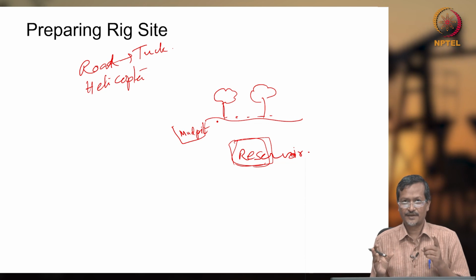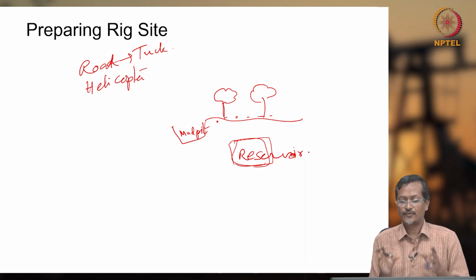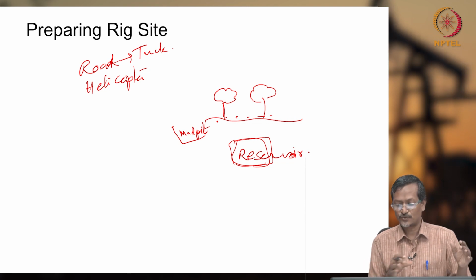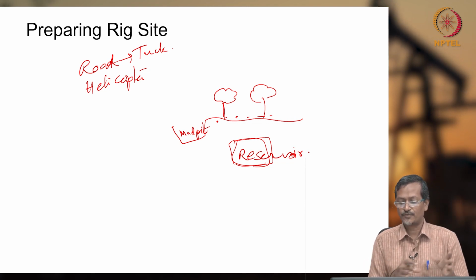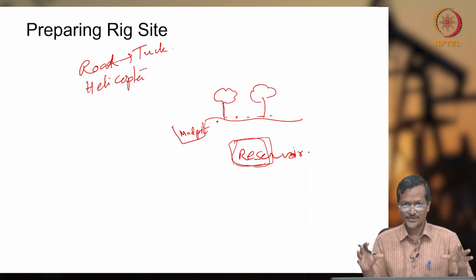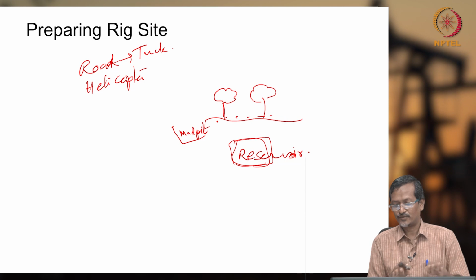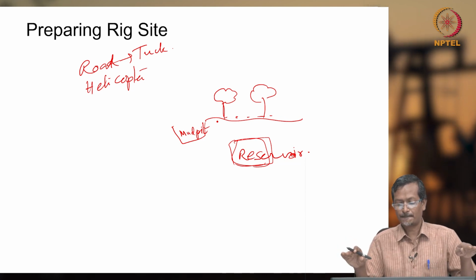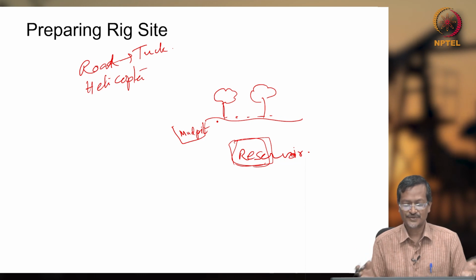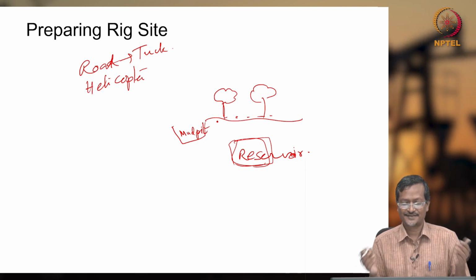This part is also very important, because you have to get all the land permissions, local environmental permissions, government permissions, and road construction. You have to bring all the pipes, derrick, mast, trucks, and make small houses. You have to make the mud pit and smooth the land. All these tasks you have to do before actually starting drilling. So that is called preparing the rig site.